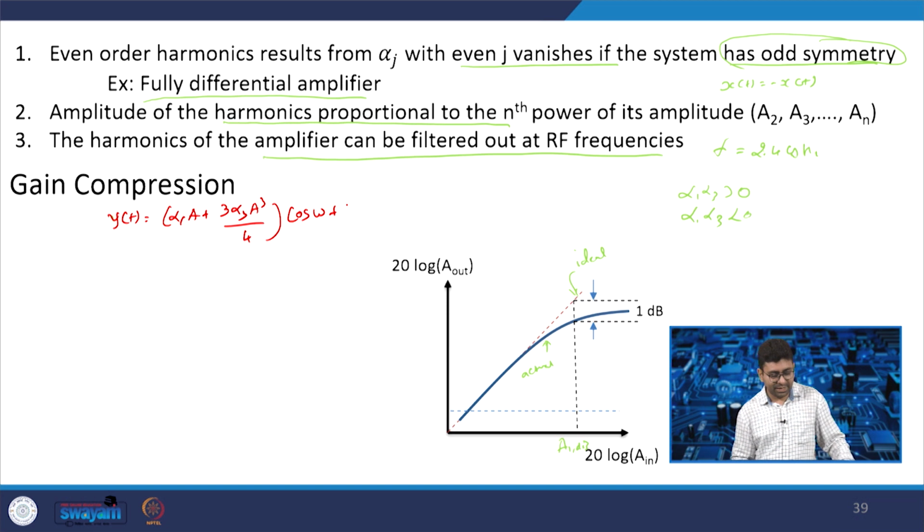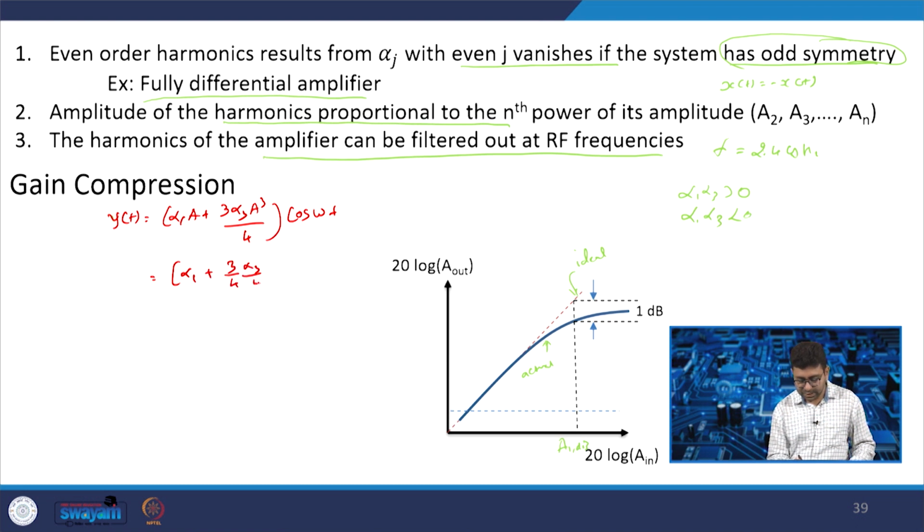We are interested in the fundamental harmonic, and this is the amplitude of it. If I take A out, it is alpha 1 plus 3 by 4 alpha 3 A squared, times cos omega t. So we can get this equation.